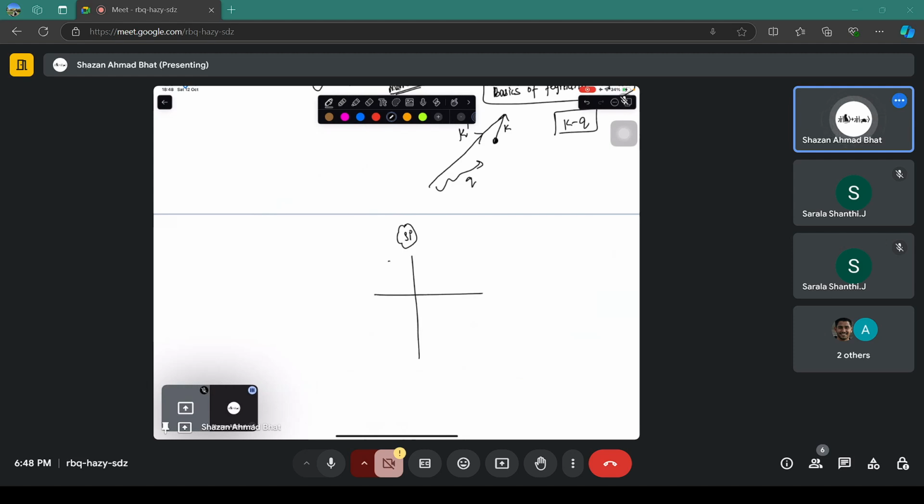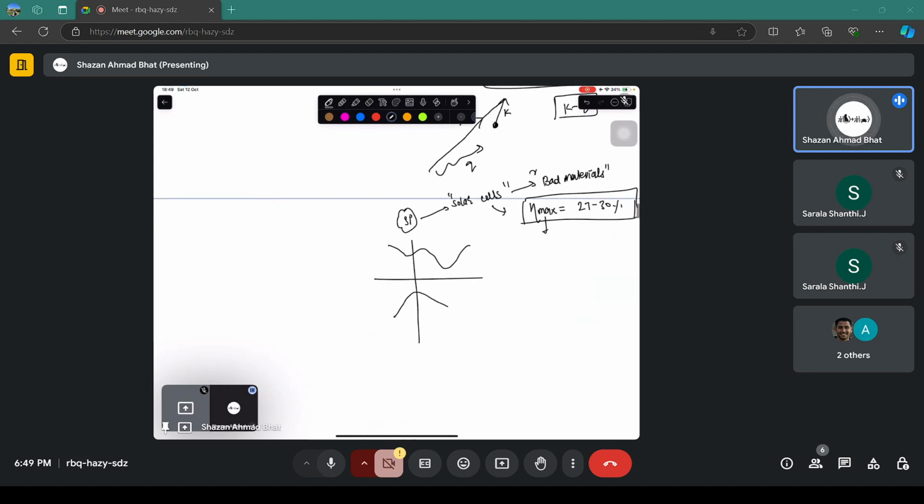In silicon, it is used till now in solar cells, but it turns out it's a very bad material, because up to now the maximum efficiency of the silicon solar cell has been approximately 27 to 30%. This is the maximum efficiency of the solar cell. Maximum efficiency means output power divided by input power.